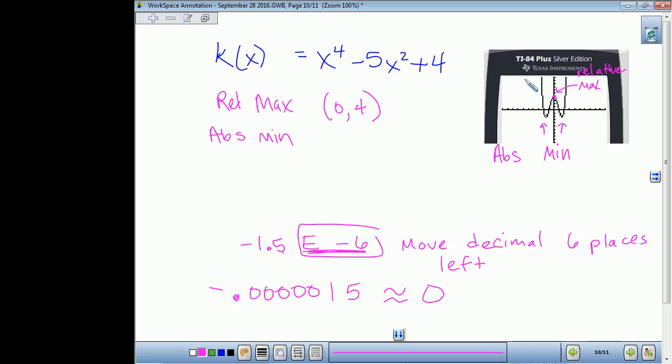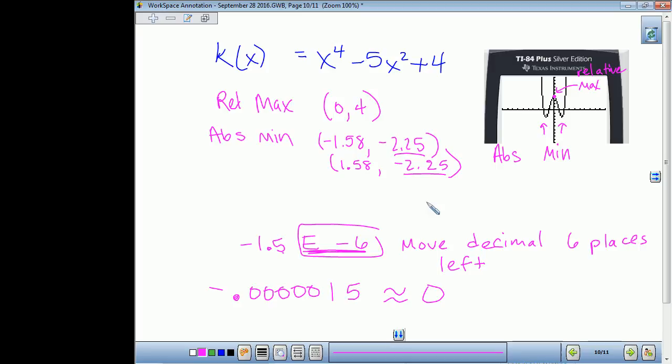It occurs at the point negative 1.58, negative 2.25, and that minimum value of the function occurs again at positive 1.58, negative 2.25. So is it possible to have 2 absolutes? Well, we actually have one absolute value of the function, negative 2.25, but it occurs at 2 places. Does that make sense?